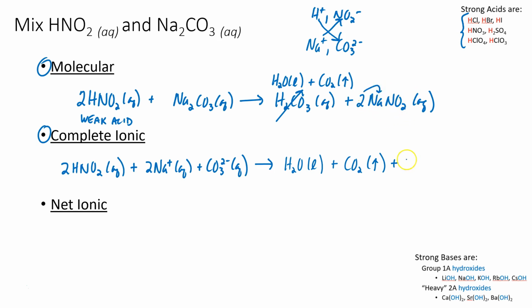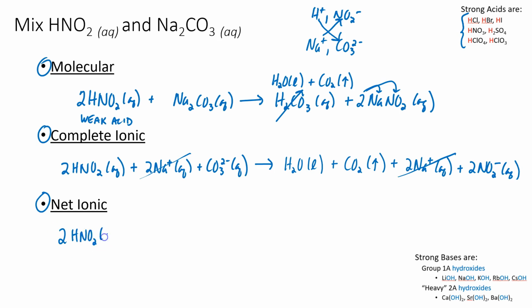We're going to have 2 sodiums and 2 nitrites. Now we'll cancel out our spectators, and I'm seeing sodium on the left, sodium on the right, and I think that's it.